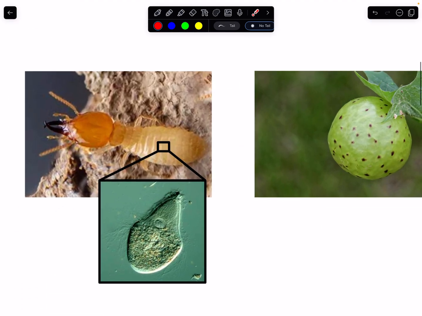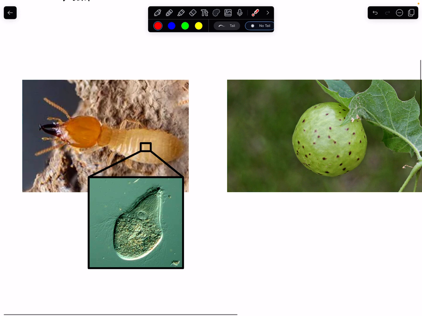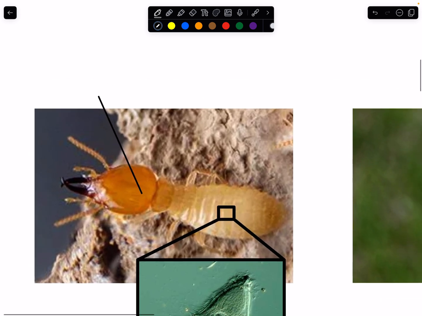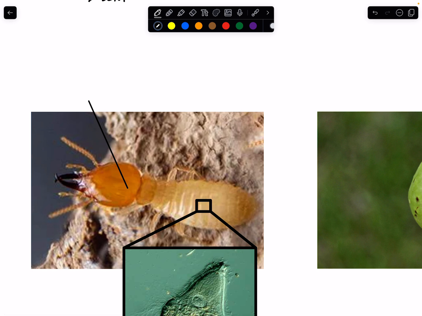Okay, another example of mutualism is the thing that we've been looking at in class, or some of you have been looking at in class. Not everyone's gotten there yet. Well, hopefully most of you have by the end of this period.